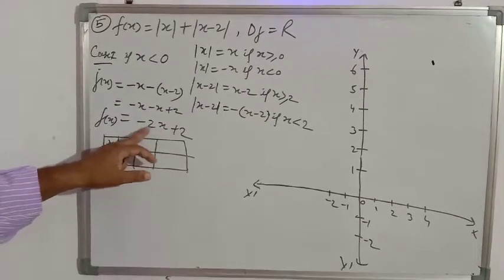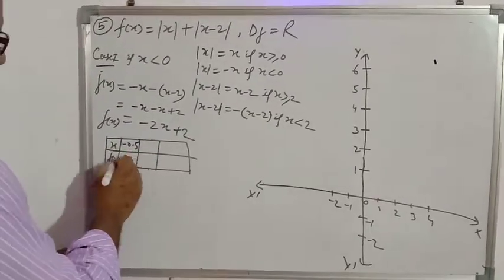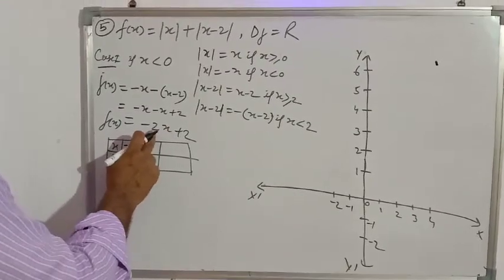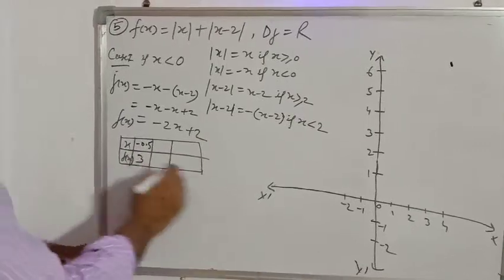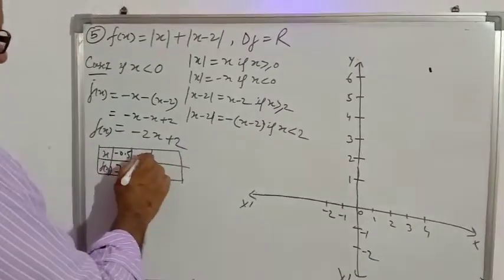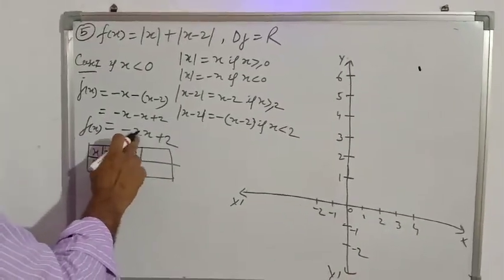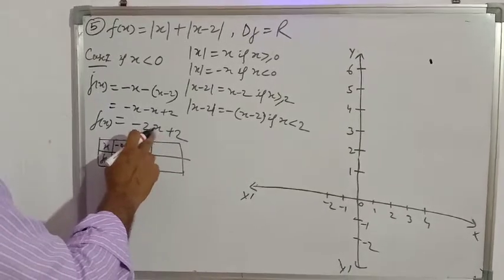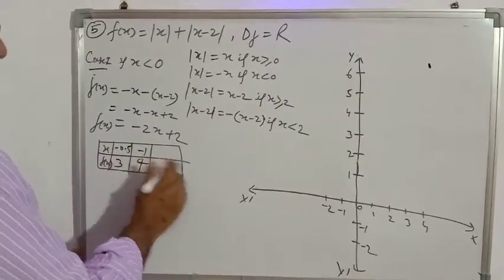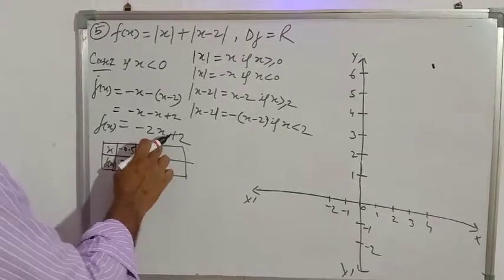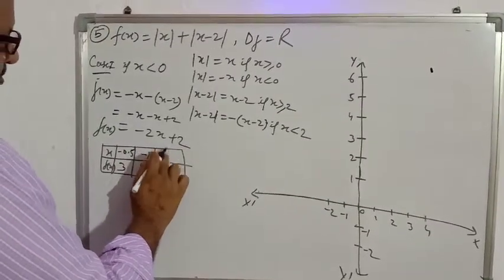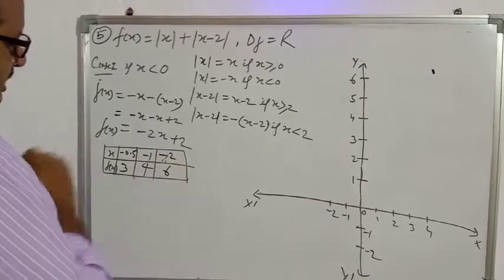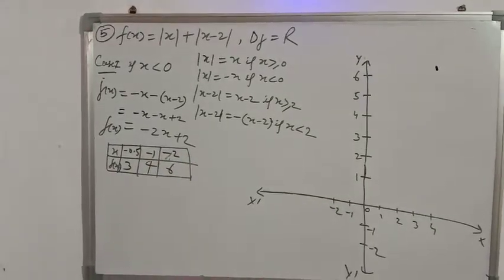Simplify it, what will come? f(x) will be 3: 0.5 into 2 is 1, minus into minus is plus, so 2 plus 1, 3. Take x as minus 1. Put here minus 1: minus 2 into minus 1 plus 2, 2 plus 2, 4. Minus 2: minus 2 into minus 2 plus 2, 4 plus 2, 6. So if x is minus 2, f(x) will be 6.